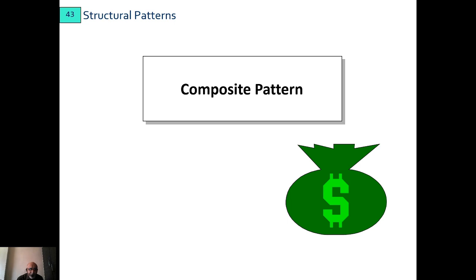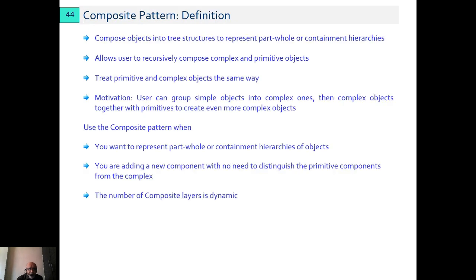Composite pattern we have already seen. This is to save the cost, right? A dollar sign, you understand there. So how the cost can be saved is by forming the composite classes. Compose objects into tree structures to represent the part whole structures.